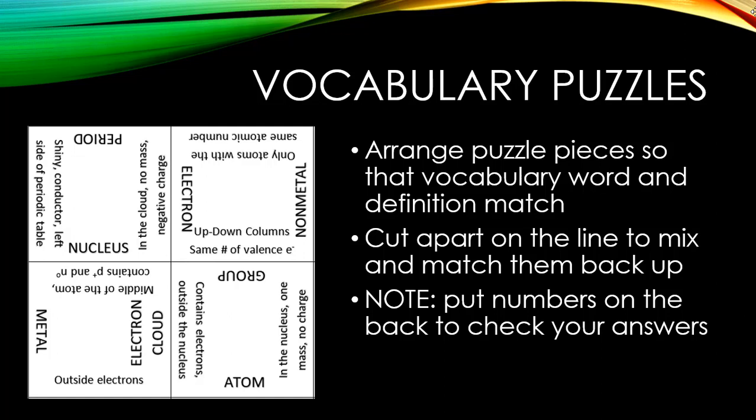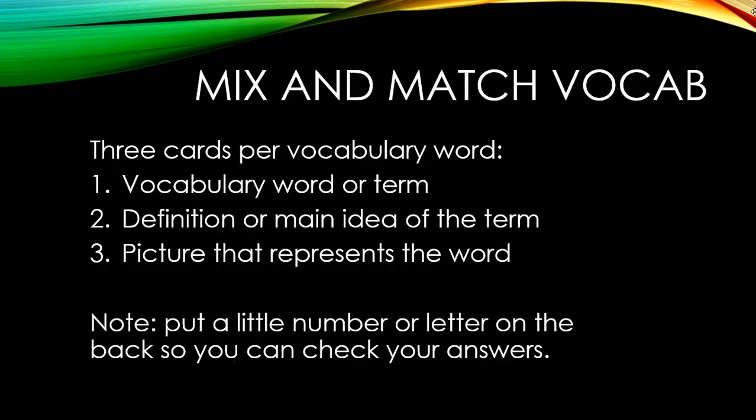You have the word, and then next to the word on the opposite box, you have the definition that matches that word. And then you cut them apart, you mix them up, and you try to see if you can match them together again. If you're one of those people where you're like, I'm not going to remember what the right answer is, then before you cut it apart, flip it over, write little numbers on the back so that they're in order so that you can check and make sure you got it correct.